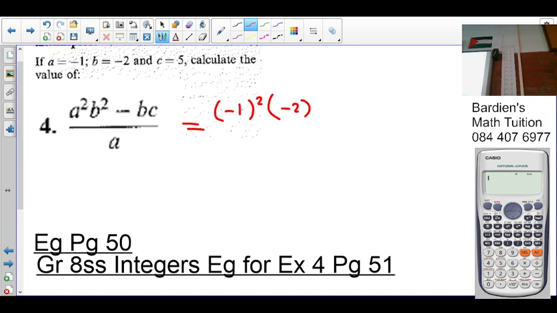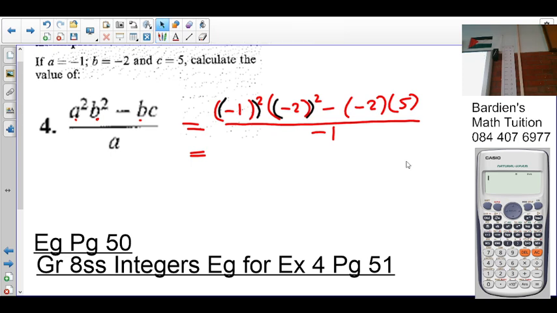Negative 2. You see, in a's place negative 1, b's place negative 2. Minus b squared. B squared, that's what I missed. Sorry about that. The negative b is what? Negative 2 times 5 over negative 1. This will sort out our brackets in the first instance.